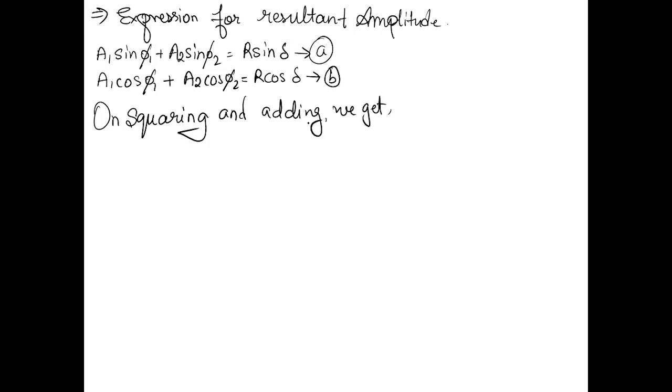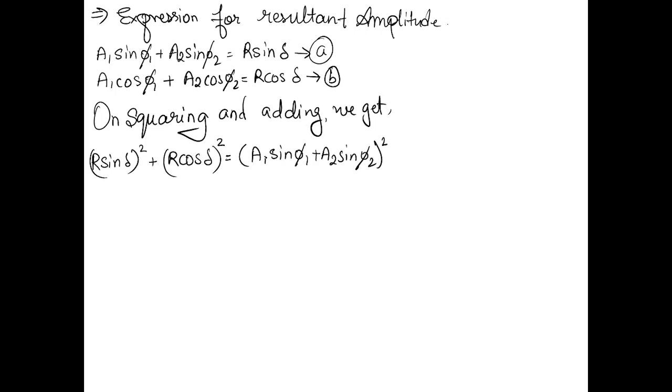On squaring and adding, I will get the square of R sine delta plus the square of R cos delta, equal to the squares of the individual terms: A1 sine of phi 1 plus A2 sine of phi 2, the whole square, added with A1 cos of phi 1 plus A2 cos of phi 2, the whole square.